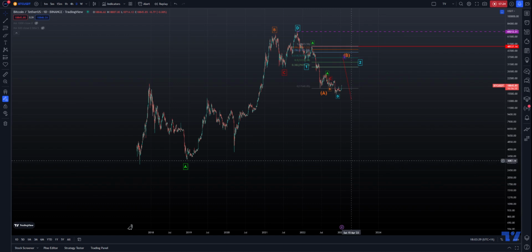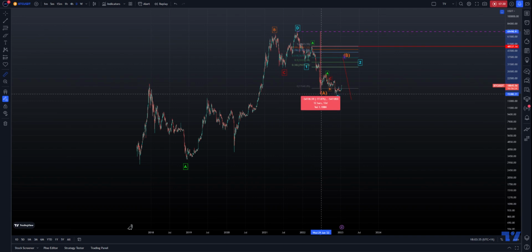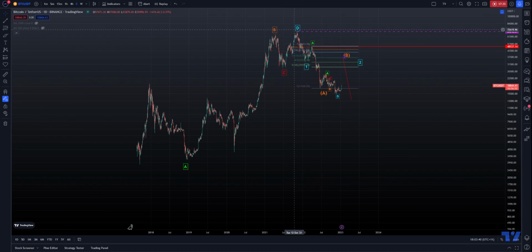And I've lost all my trolls. I've lost more trolls than Bitcoin has lost value in the last year or two. I've lost 100% of trolls. I used to get trolled all the time talking about how this is going to go down, and they'd go, "You're dreaming. Your analysis is shit. Elliott Wave is crap. It's rubbish." Whatever, man.